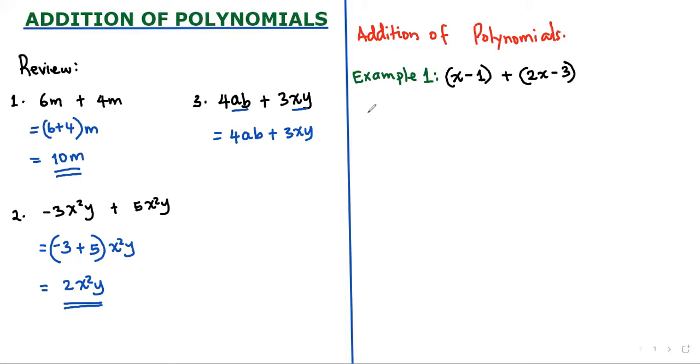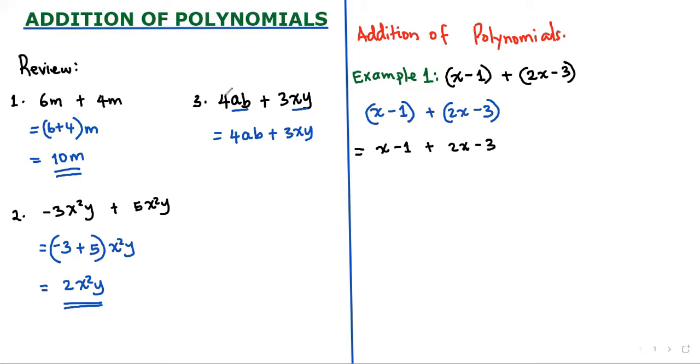So let's rewrite it, since we are having x minus 1 plus 2x minus 3. So we put them together, that will be x minus 1 plus 2x minus 3. Okay.